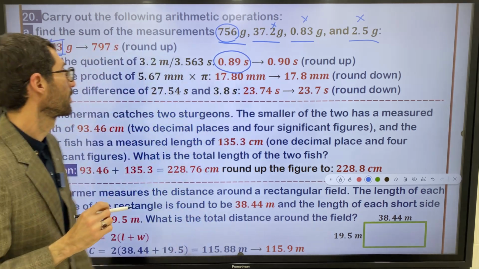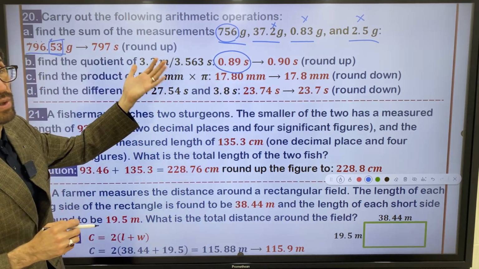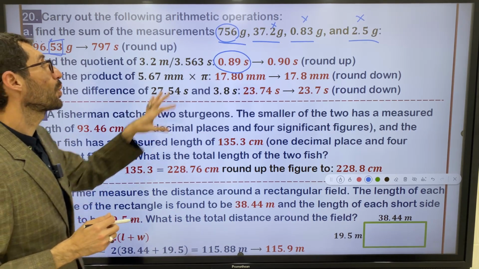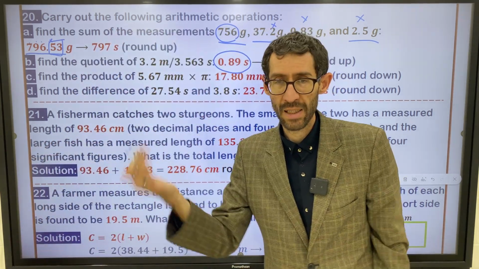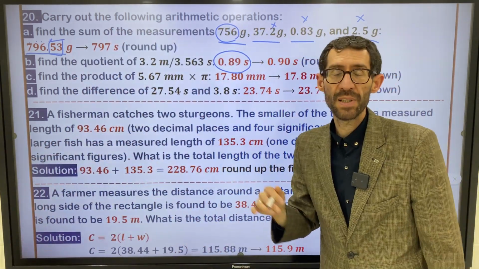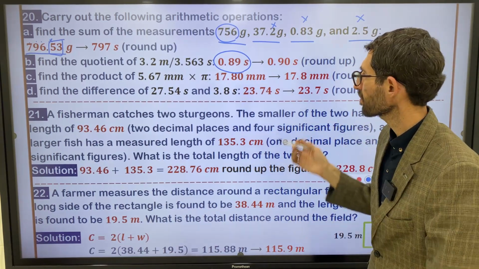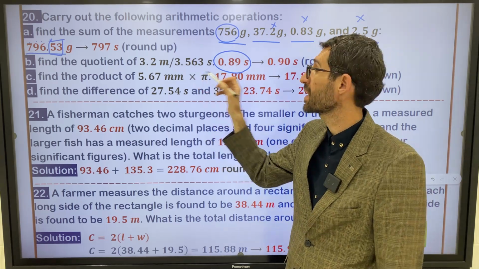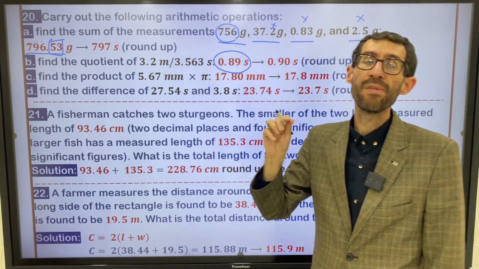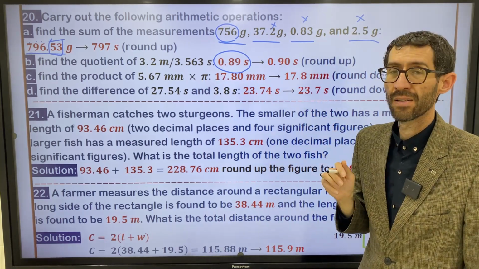Here we have division. In division, the rule is different from subtraction and addition. Division and multiplication have the same rule. Here, we don't say number of decimal places in division. We say number of sig figs, right?